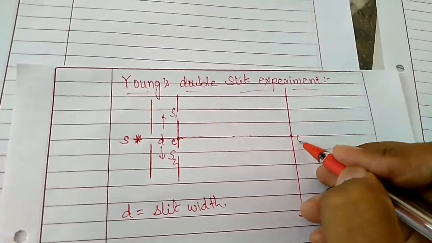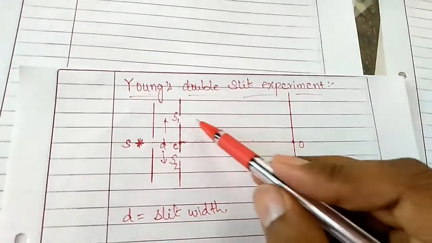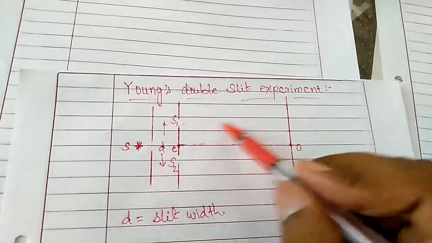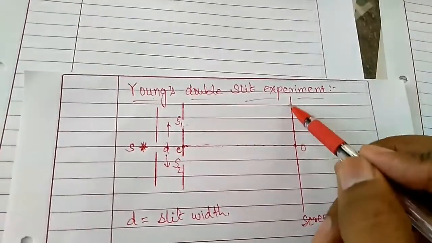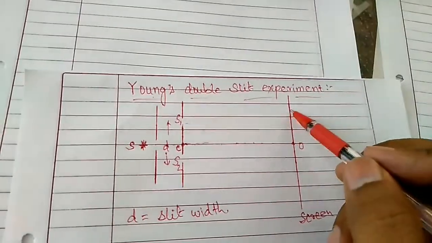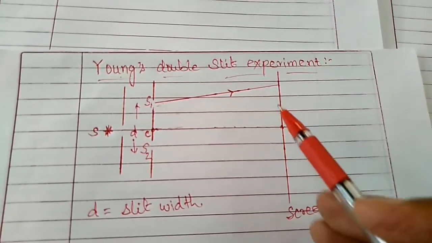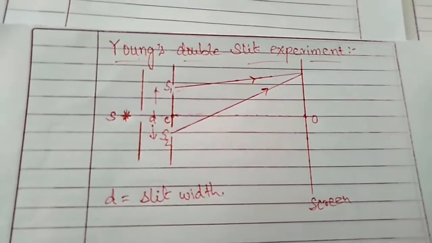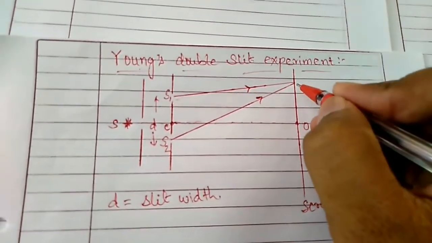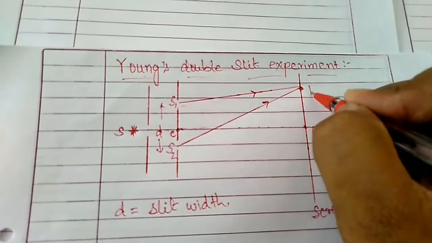Let this point be O. And now I'm going to draw the ray diagram, the rays starting from S1, S2 wherever they meet. Suppose they are meeting at point P.